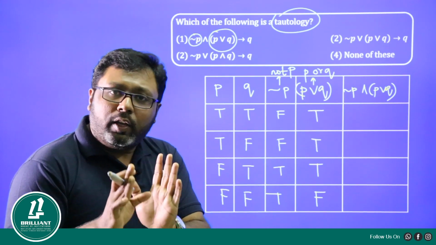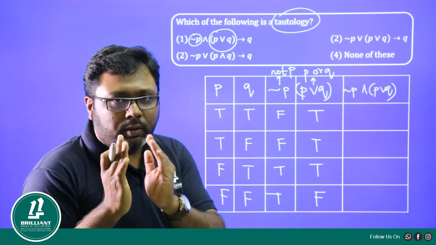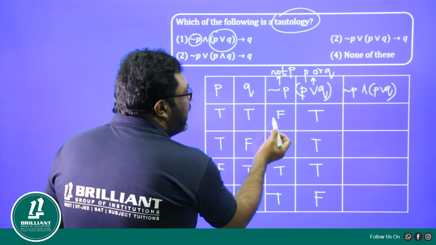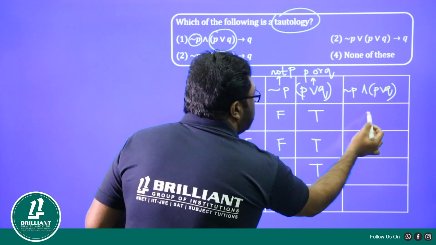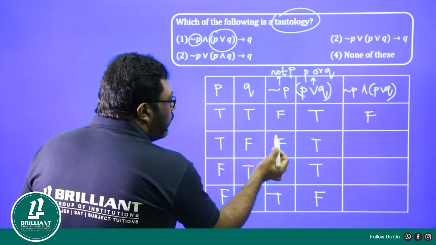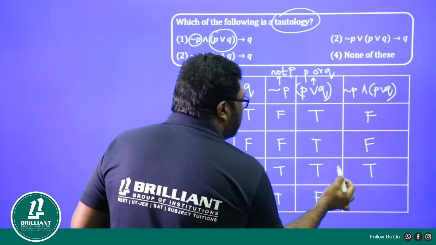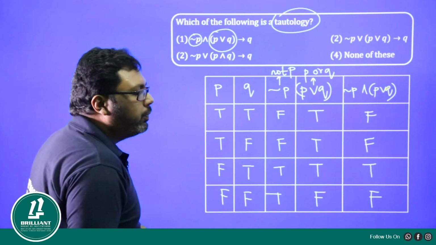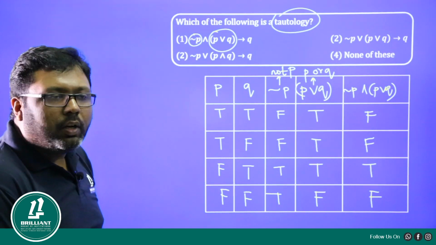In or, if one is true, then the statement is true. In and, if one is false, the statement is false. So I'm making a comparison between these two. False, true: this is false. False, true: this is false. True, true: that is true. True, false: that is also false. Understood? Understood all of you?